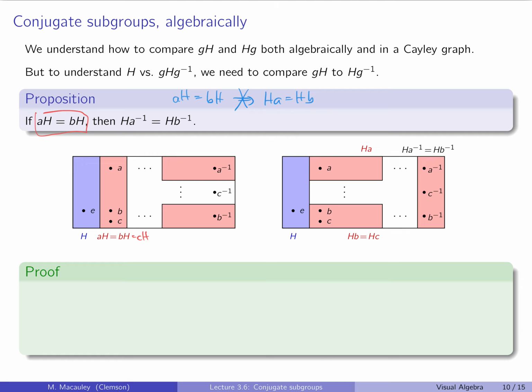So this box up here is Ha. This box down here might be Hb. And then maybe a inverse is over here, and b inverse is over here, and c inverse is over here. What this is saying is that if these elements were in the same left coset, then their inverses must be in the same right coset. But we don't know about what right coset the actual elements are in.